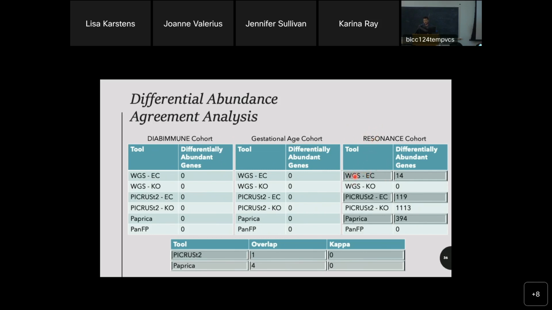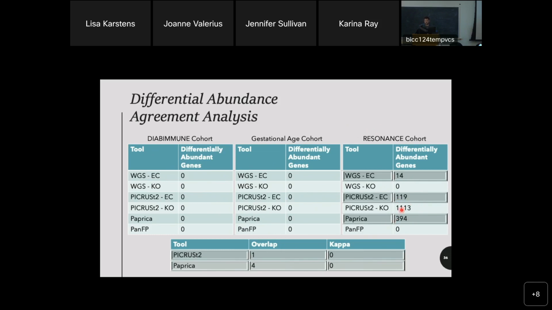Here, we identified 14 genes as being significantly differentially abundant by WGS using EC number genome annotations. We also identified 119 genes as being differentially abundant using PyCrust-2 in terms of EC numbers, and 394 genes as being significantly differentially abundant for Paprika.